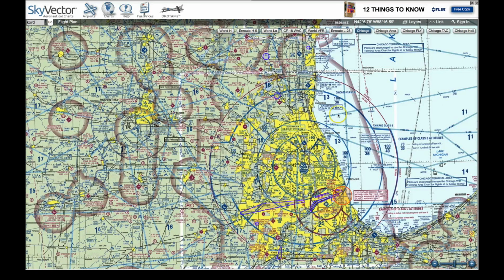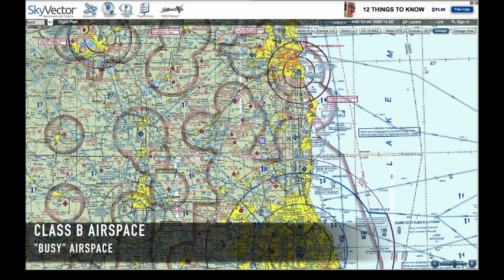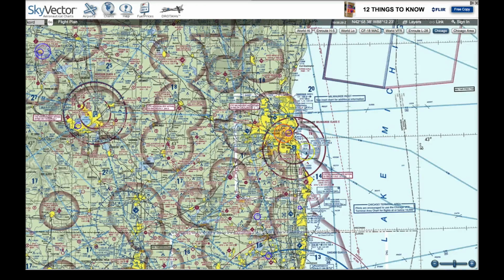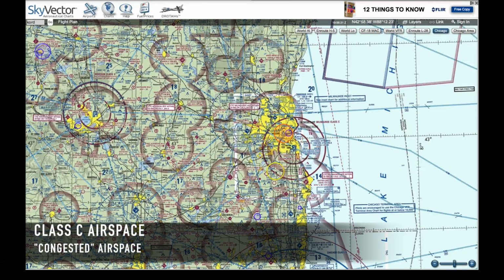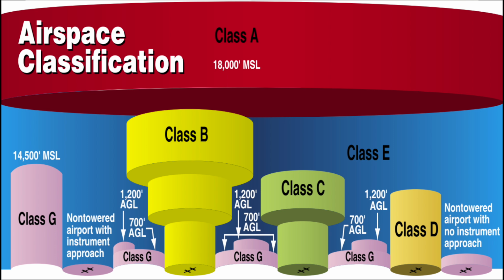One of the ways I always remember that is to think of the B as Blueberry, or Class B airspace. You can also think of it as busy airspace. Then we have an airport like Milwaukee. That's Class C as in Charlie. You can also think of Cranberry for Class C when you see these big rings. Again, that's actually magenta, but just a way to think of that is Class C.